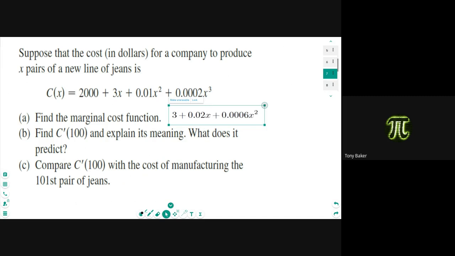Remember, derivatives are basically a slope. So if I was looking for the slope between a pair of 100 jeans and a pair of 101 jeans, that would tell me the slope between those two points, right? The derivative is going to give me the exact same thing, it's just going to allow me to do it a lot quicker than having to do those two points.